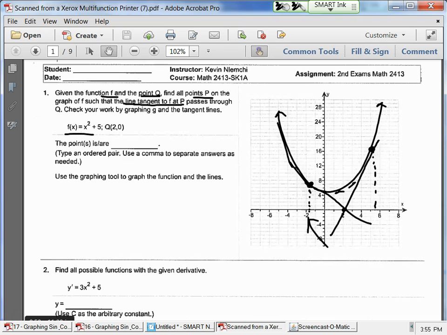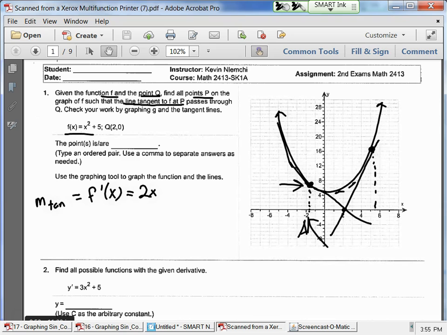So now we need to think about the tangent line. The slope of the tangent line, by definition, is the derivative. So m tangent equals f prime of x. If we look at our function, the derivative of x squared plus 5 is just 2x. So the slope of that line would be 2x, where x is whatever the x value is.